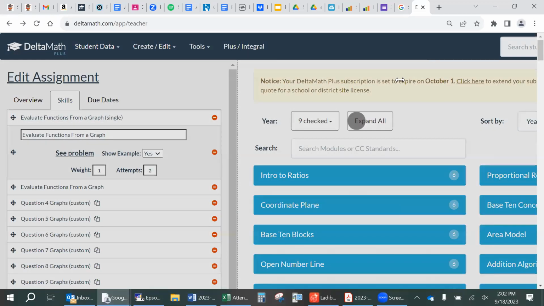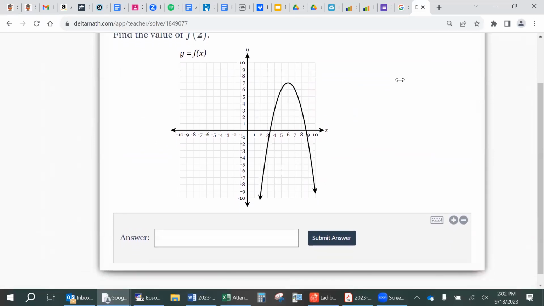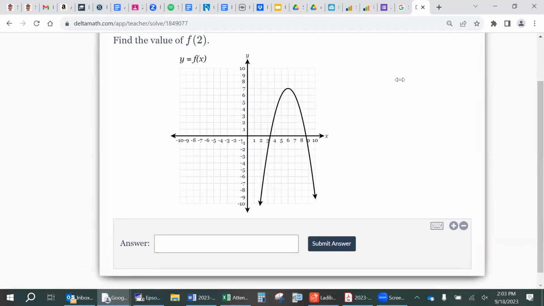Number 2 is not a line, it's a quadratic. You want f of 2. So look, watch, in your graph, you're gonna go to 2, and then do I need to go up or down to find the pretty point? I have to go down, and I'm gonna go all the way until what number?